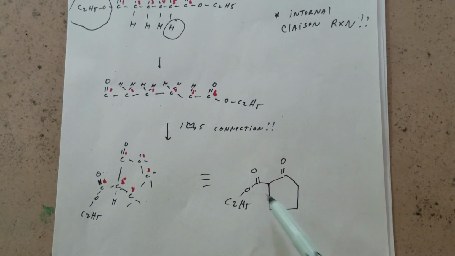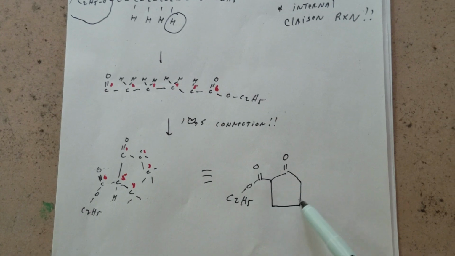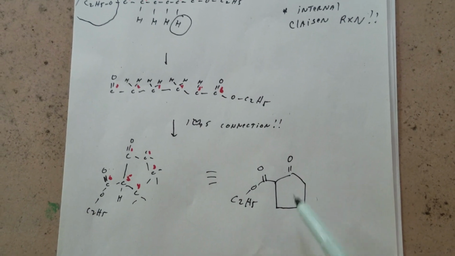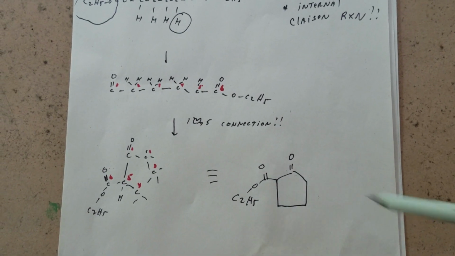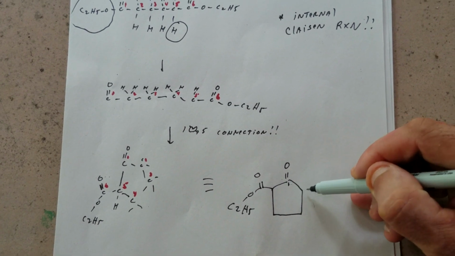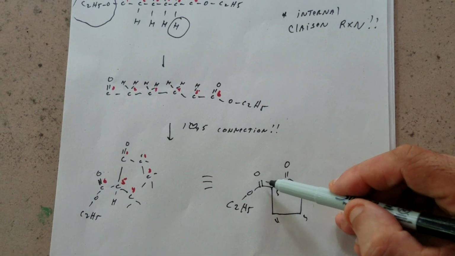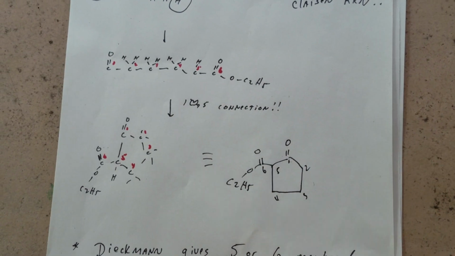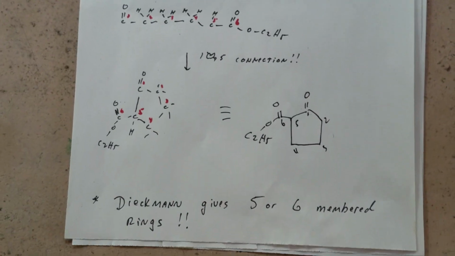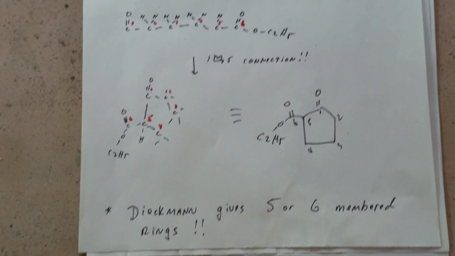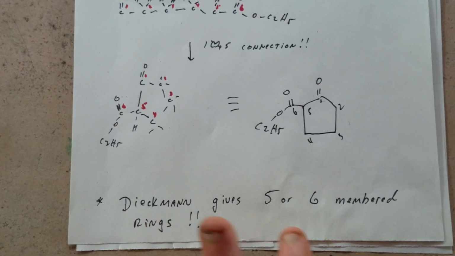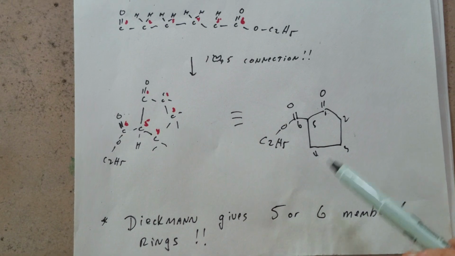And then just to make it look nice and pretty, you just make it into a 5-membered cyclopentane ring. There's number 1, as you can see. There's my 2, 3, 4, 5, and then coming off it would be the 6 and O-ethoxy. Notice we formed a 5 or a 6 member. Is that the love connection? Yes. Okay. Now, notice we formed the 5 with a 6-membered ring, as you can see.